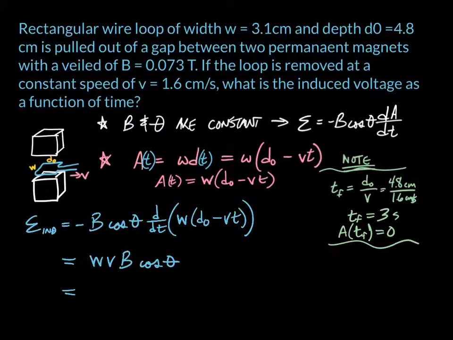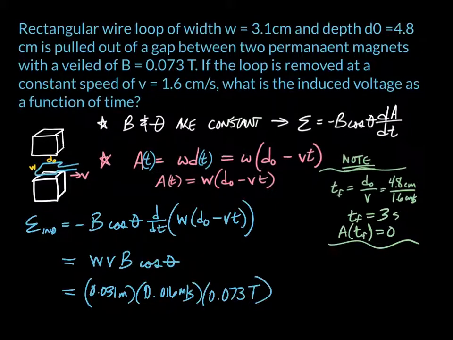And so let's see, 0.031 meters. The speed was 0.016 meters per second. We were given a magnetic field, cosine of 0, and we get basically 36 microvolts.